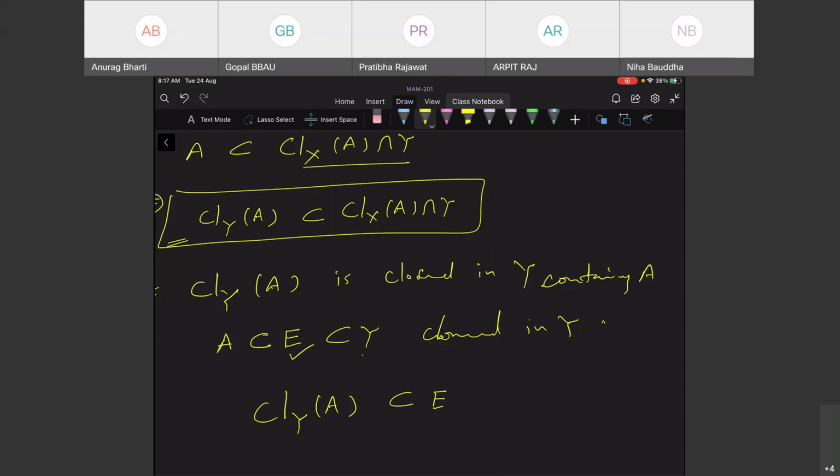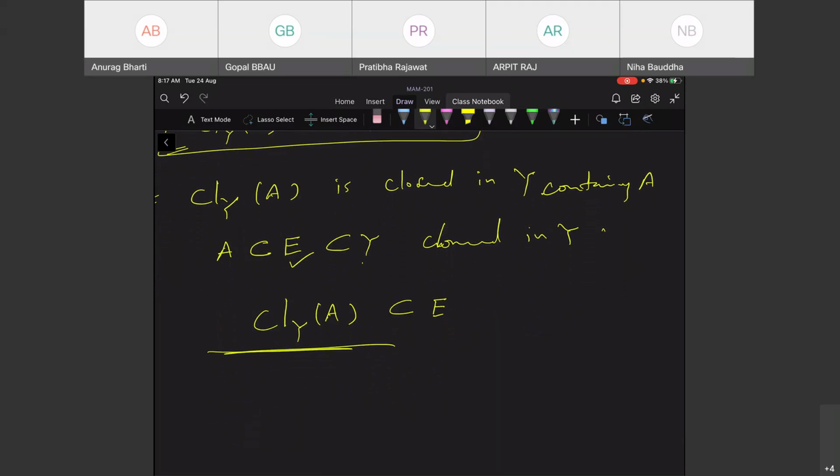This is true by definition of closure. So far it is okay, because closure of A in Y is the smallest subset.